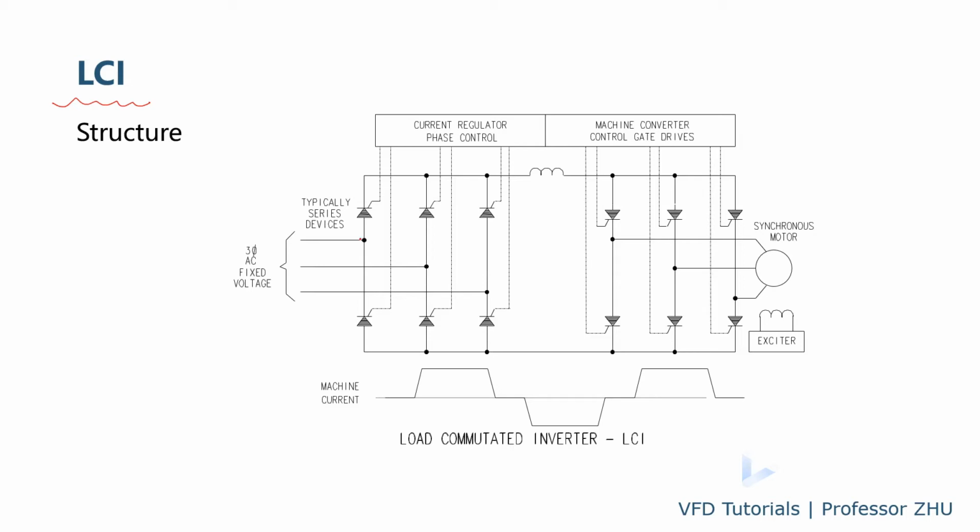And also the harmonics: if you use a 6-pulse, the harmonics are very high. Also you can use methods like multiple inputs to reduce the harmonics.